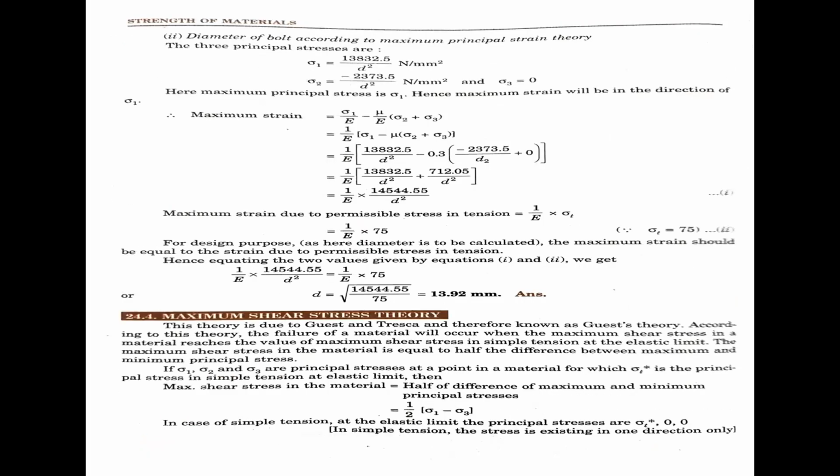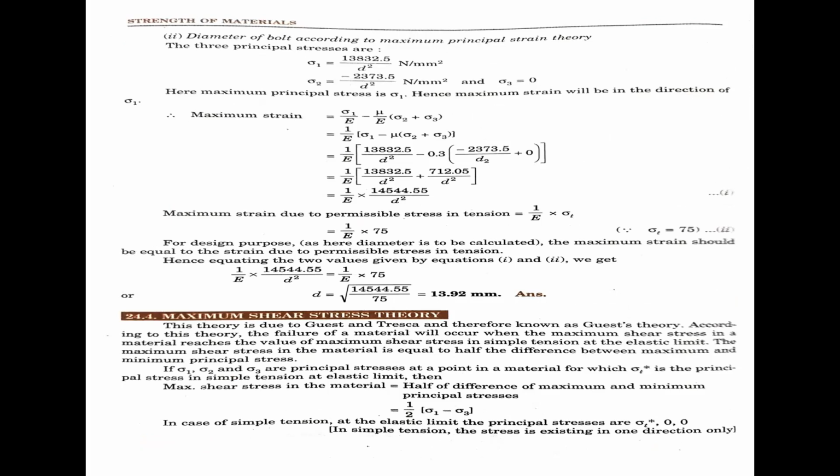Maximum strain energy theory, maximum shear stress theory. This theory is due to Guest and Tresca and is therefore known as Guest theory.